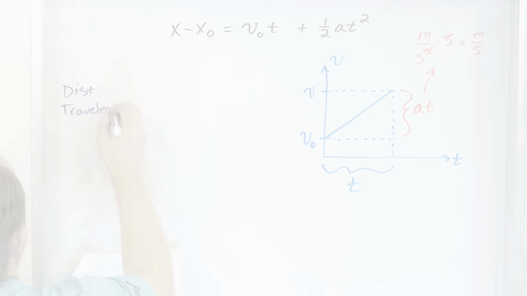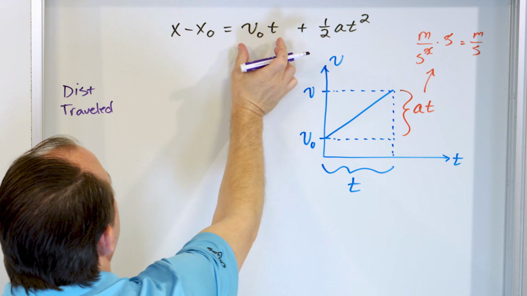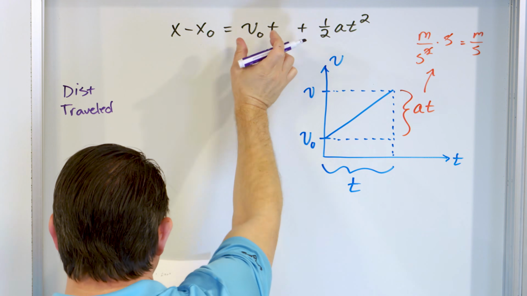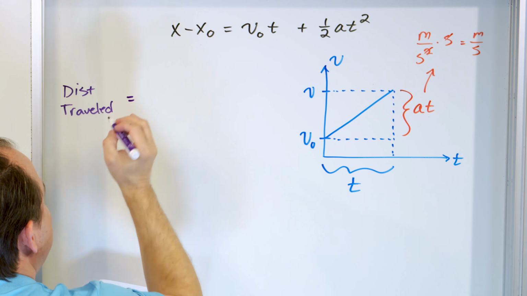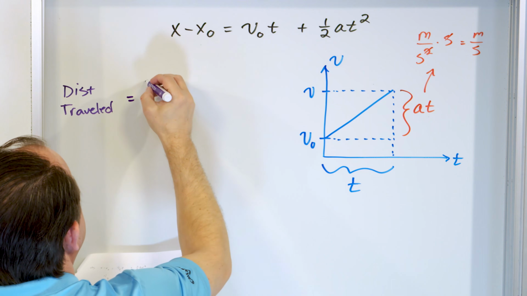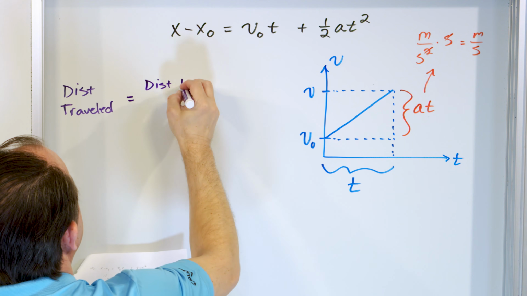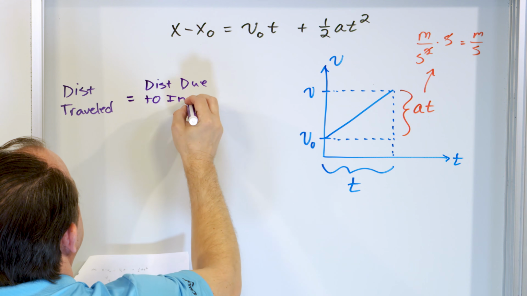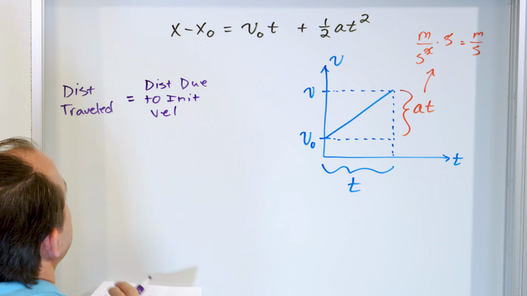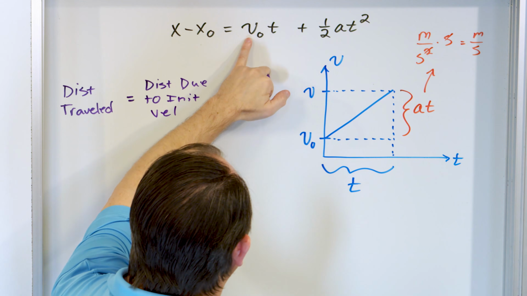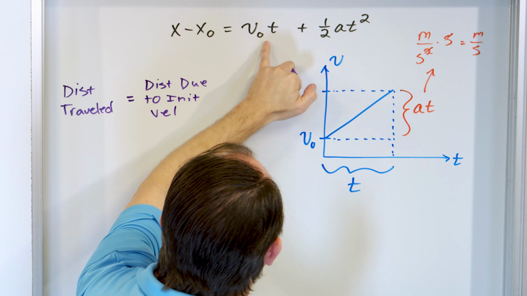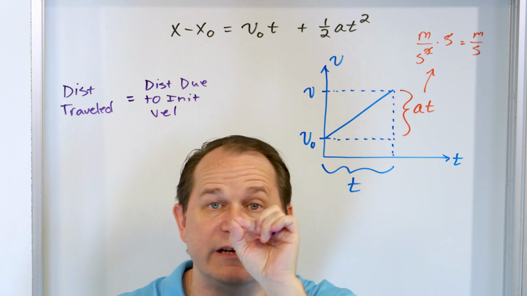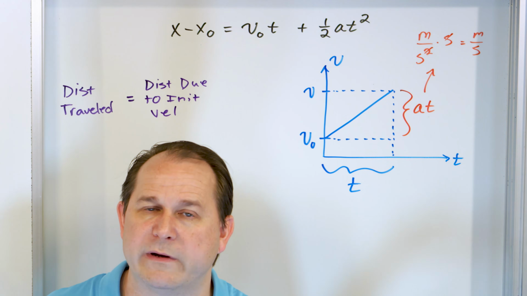All right, so if this is the distance traveled, what is this? This is going to be, and I'm going to show you how in just a second, the distance due only to initial velocity. If you think about meters per second times seconds, this is a distance number that's picked up just because of the initial velocity of the baseball or whatever it is.